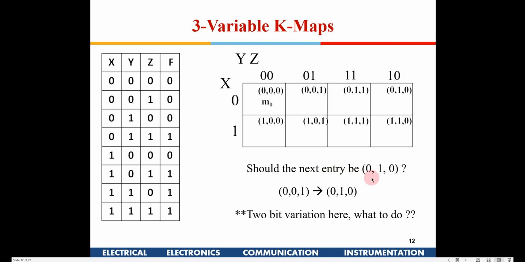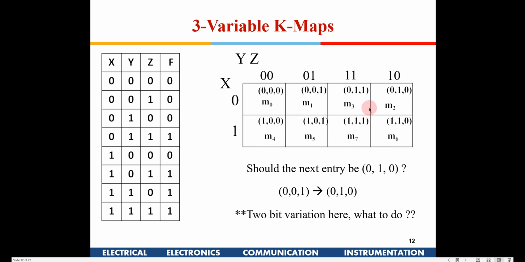Now if I write in terms of min terms, this is m0, m1, then m3 instead of m2. Now we are writing m3, then we are writing m2. And then we come to m4, m5, and then m7, and then m6. We have to make sure that only one bit will change. Yes, Kishan, we have to ensure that only one.